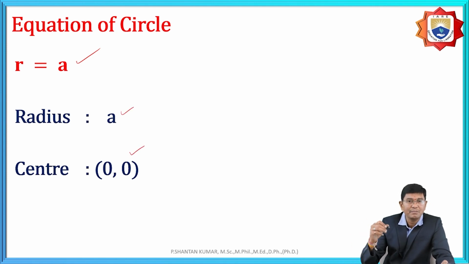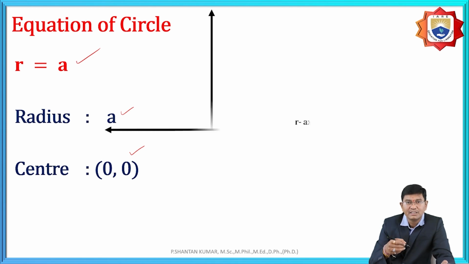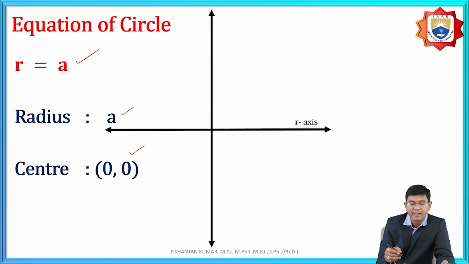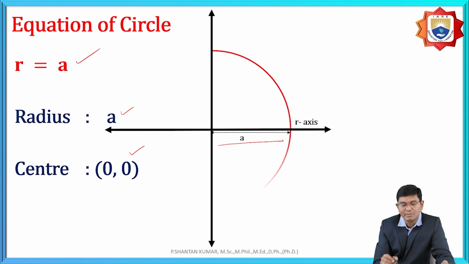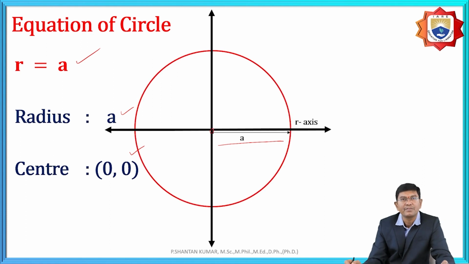If we remember in our mind the structure of the polar coordinates, which is like two dimensions, then r is equal to a is the radius, and the center is the origin, therefore it is a circle.